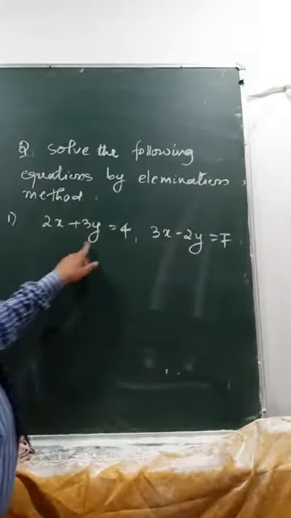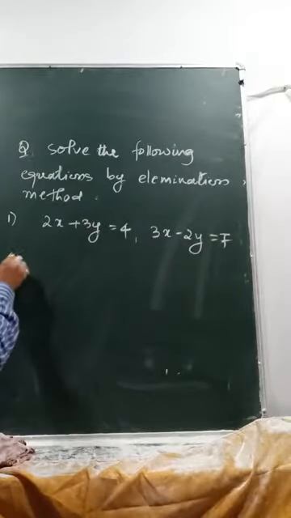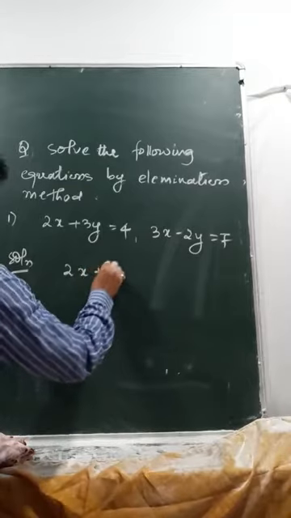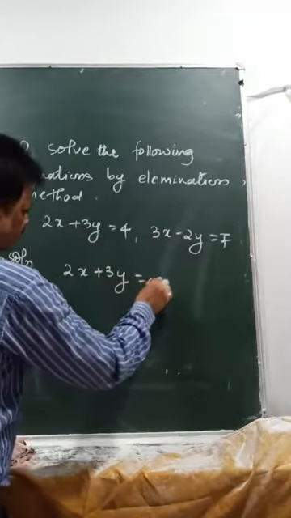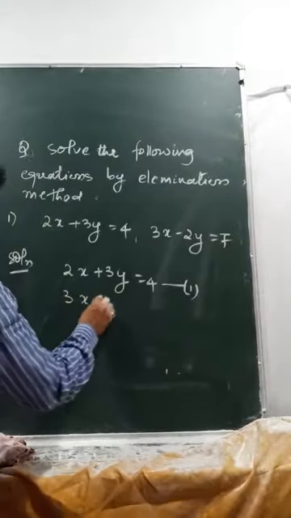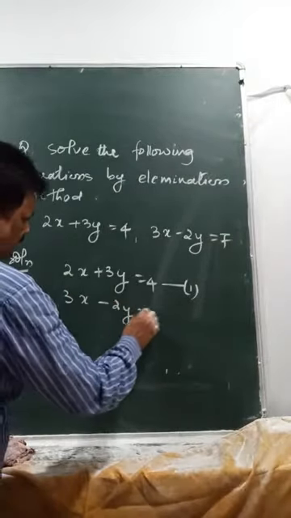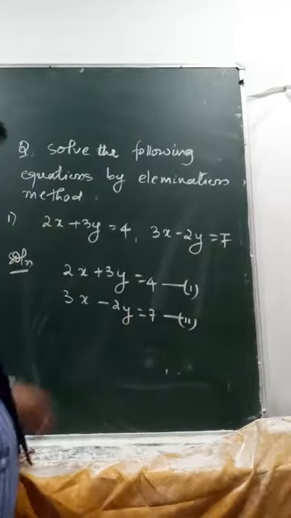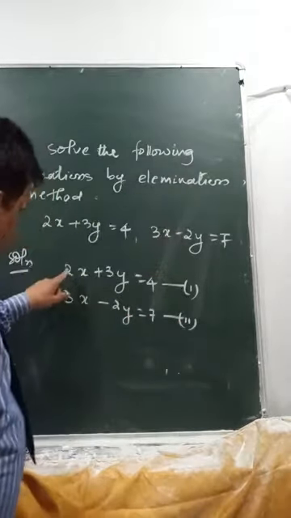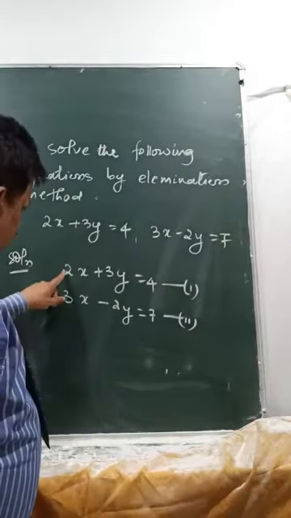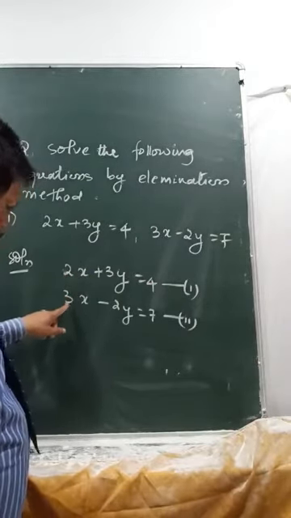You arrange it first. 2x plus 3y equals 4 is equation number 1. 3x minus 2y equals 7 is equation number 2. Elimination method means you have to equalize the coefficients. The coefficient of x is 2 and 3.